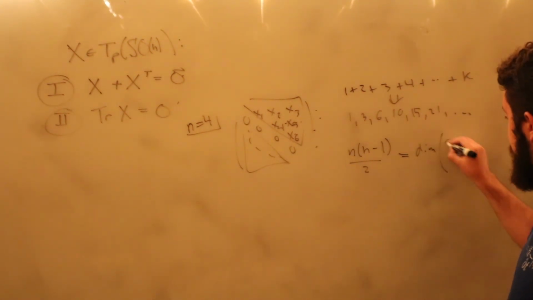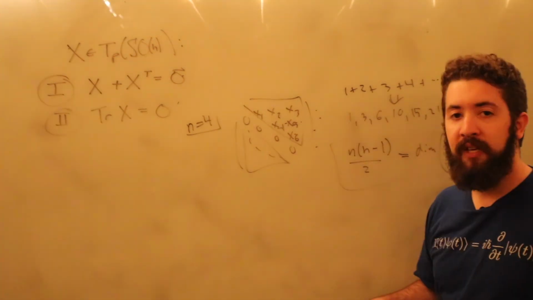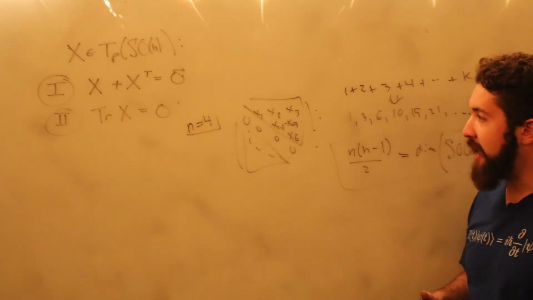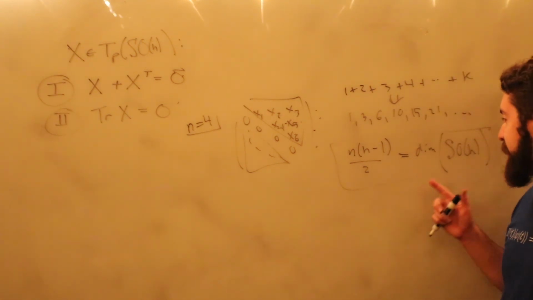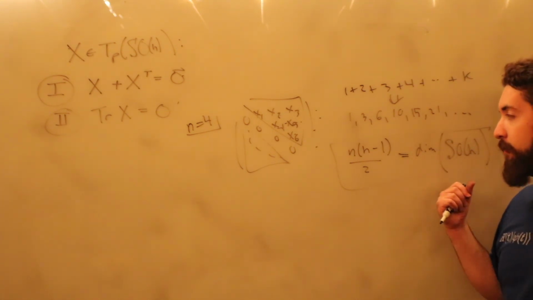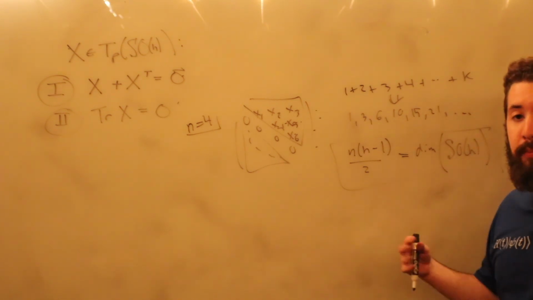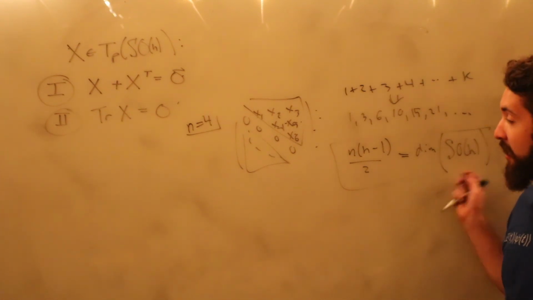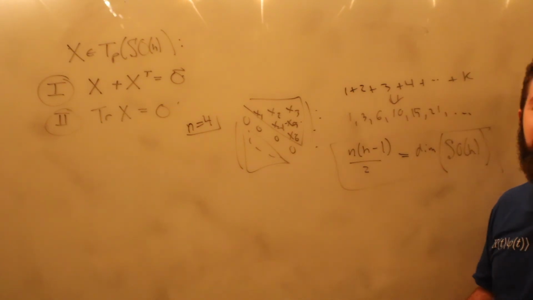So what this is to say is that using the tangent space to the special orthogonal group, we've determined that its dimension is n times n minus 1 over 2, or the number of coordinates you need to specify a general rotation in n-dimensional space is n times n minus 1 over 2. A very unexpected result, but very cool.